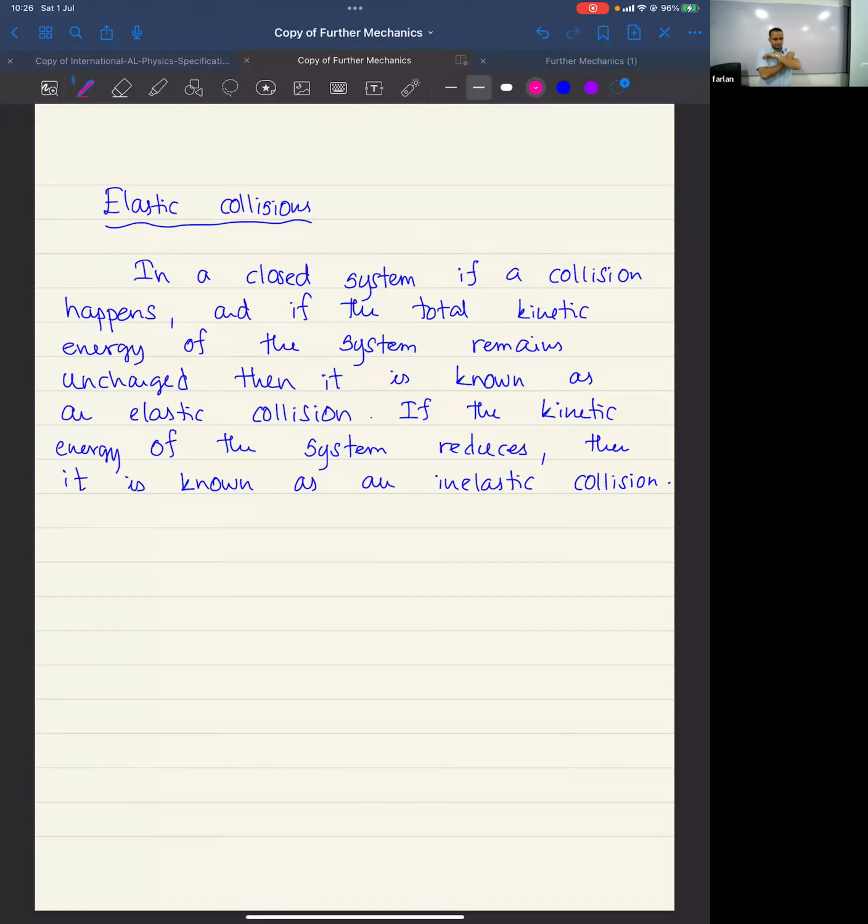Full stop. If the kinetic energy of the system reduces, then it is known as an inelastic collision.